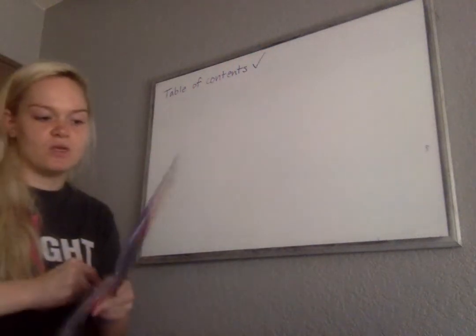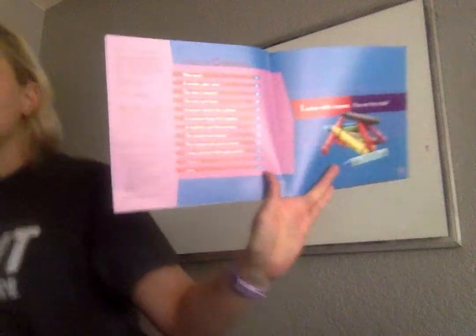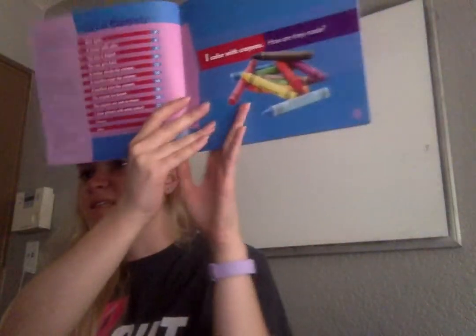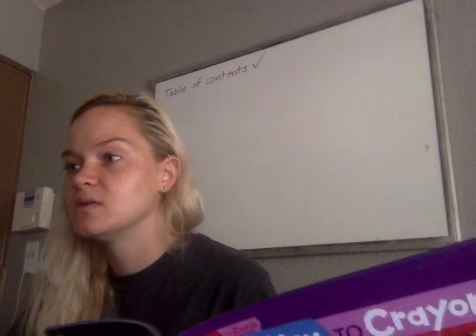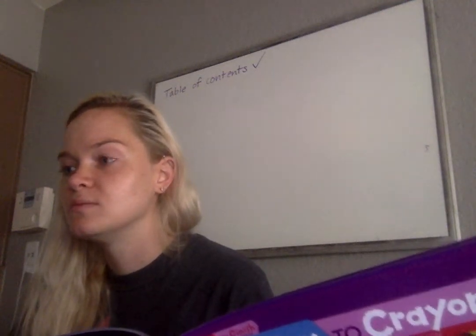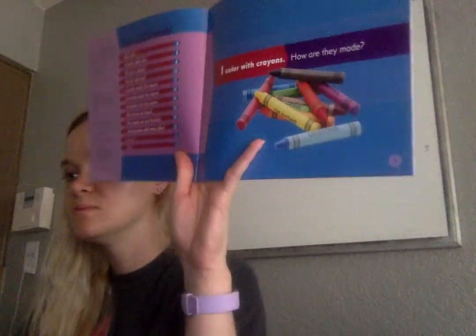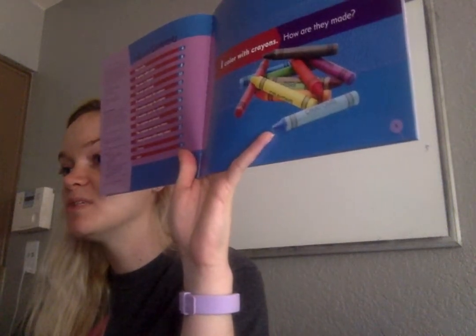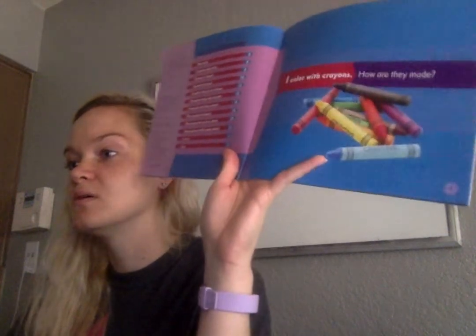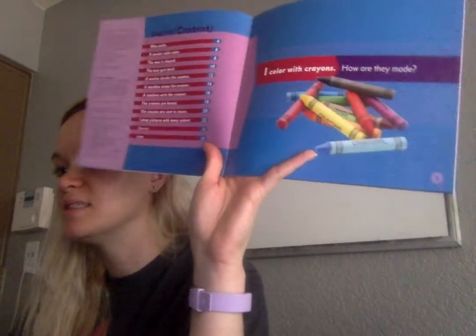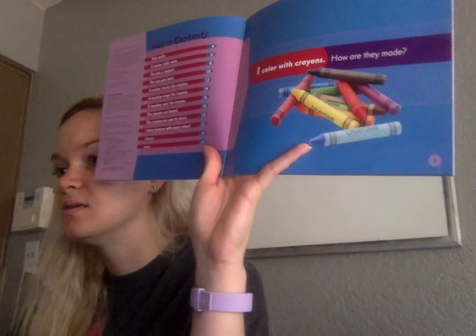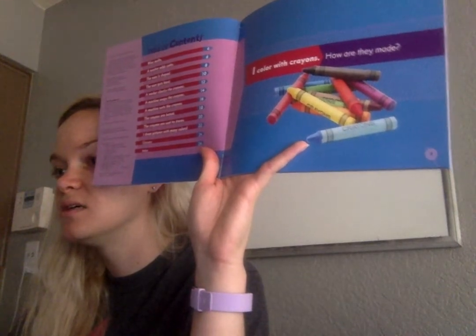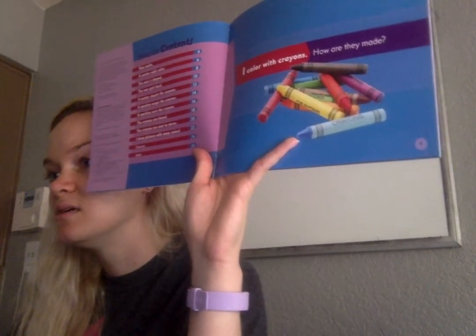Can someone tell me what does a table of contents tell me? Does anyone remember what that tells me? Jayla Beal? I think it's information about the book, like what it's about. That's part of it, but it needs to be a little bit more specific. You're on the right track, though. Does anyone remember what a table of contents tells us? Danny? Chapters.